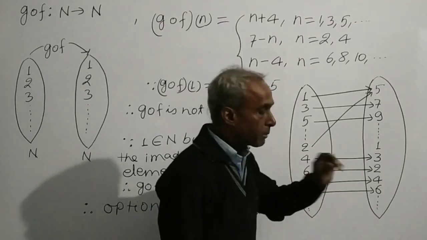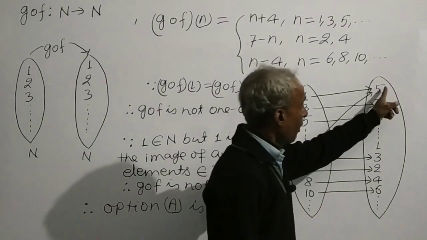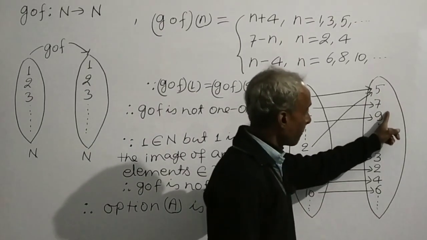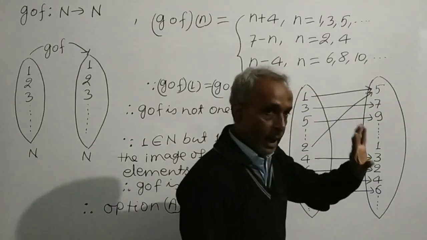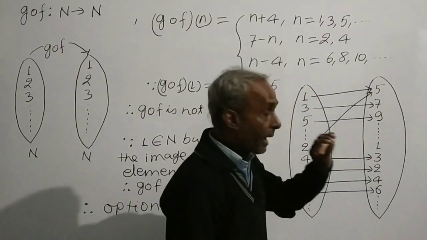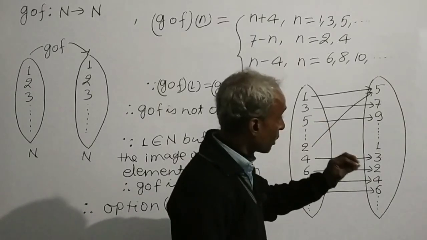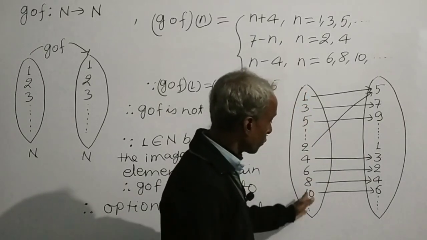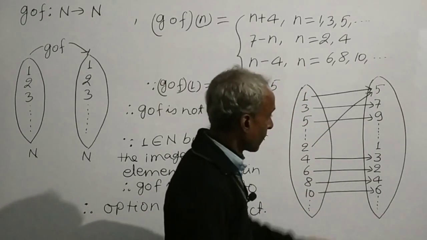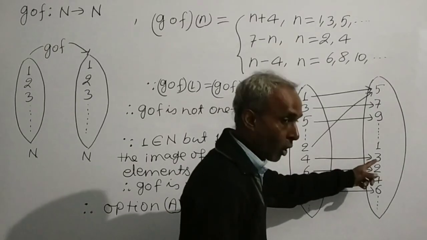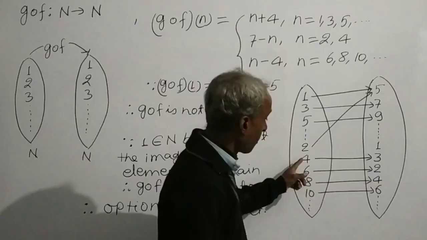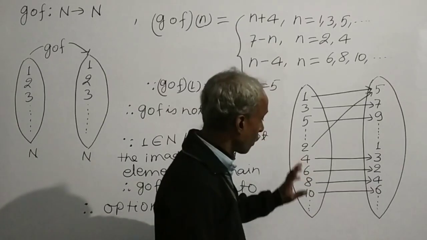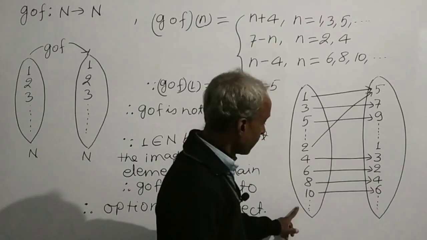We also observe that all odd numbers greater than 5 are images of some number belonging to this set. Odd number 3 is also the image of some number, 4, present in this set.